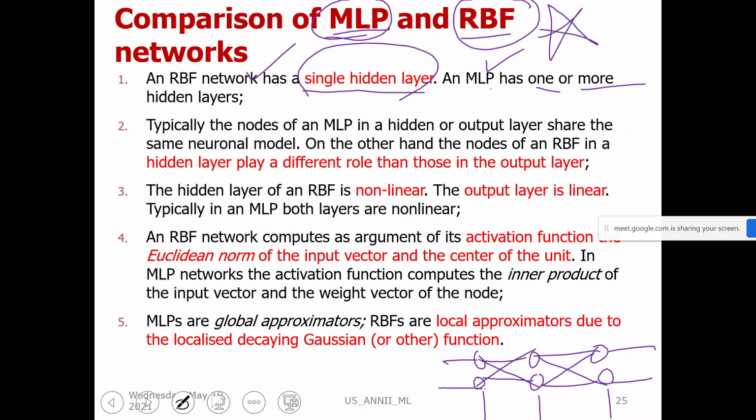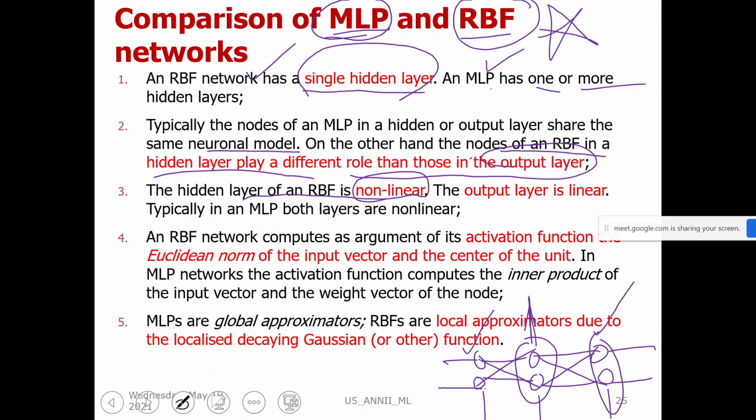Next, the nodes of an MLP in the hidden or output layer share the same neuron model. On the other hand, the nodes of an RBF in the hidden layer play a different role than in the output layer. What is the major difference? The middle layer in RBF is non-linear, while the output layer is linear.